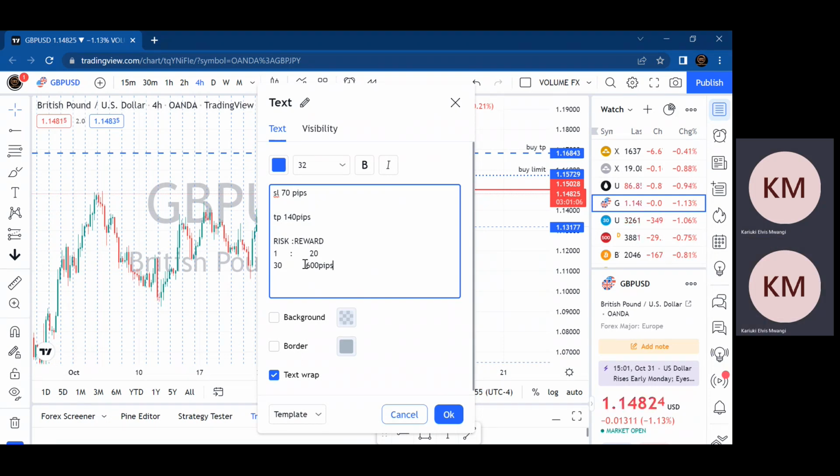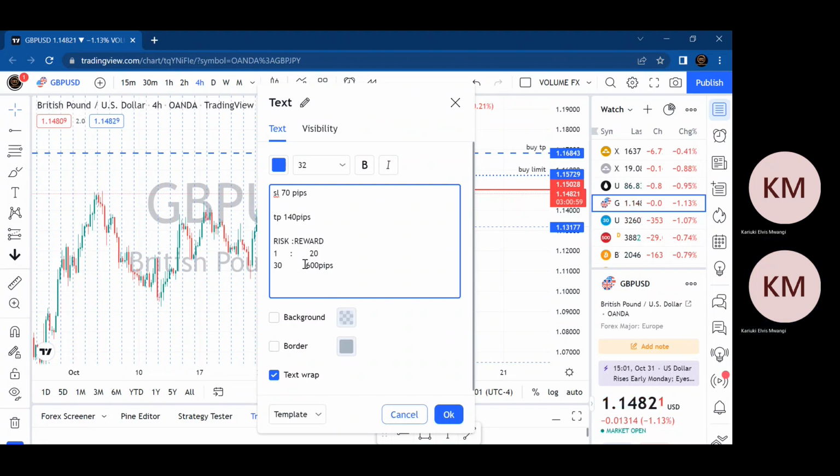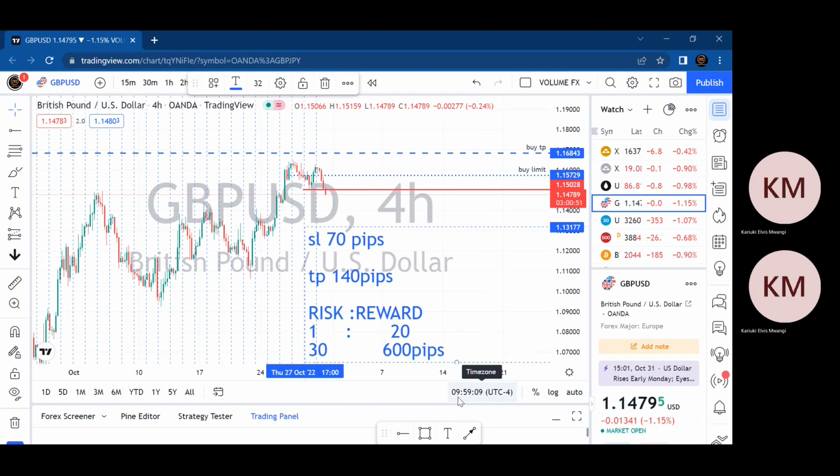Yes. But these 600 pips will be determined by your structure. What do you mean by structure? I mean the market, because you cannot just put in a figure. You cannot just say I want a risk reward of 1:20.